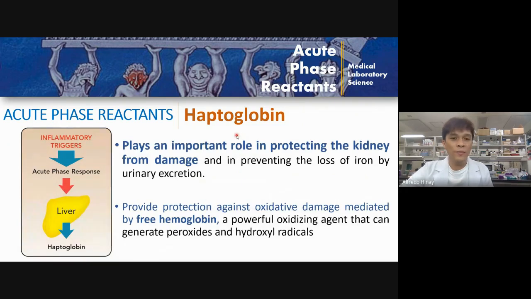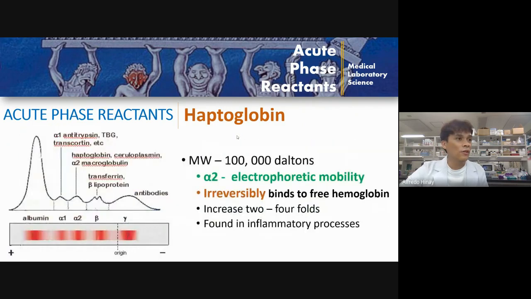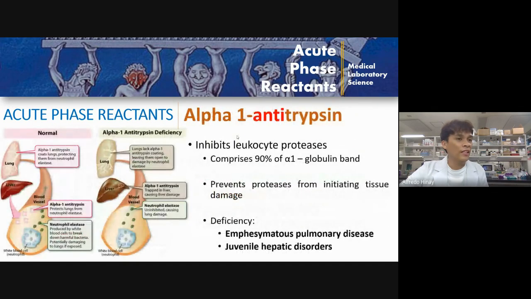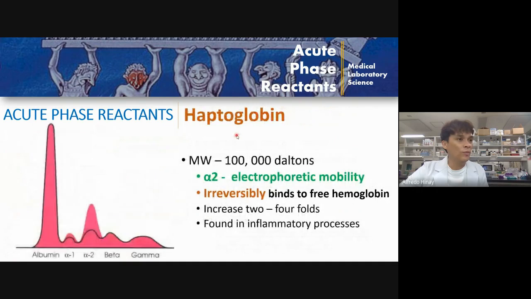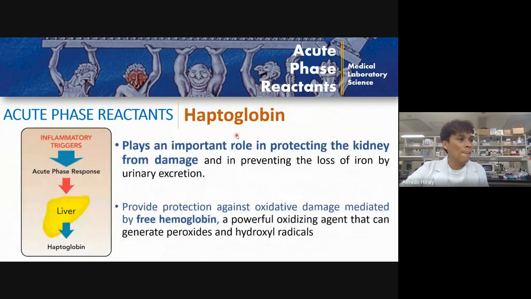Your haptoglobin plays an important role in protecting the kidney from damage and preventing the loss of iron by urinary excretion. So that's alpha-1 antitrypsin, and then you have your haptoglobin. It provides protection against oxidative damage mediated by free hemoglobin, as I mentioned earlier.